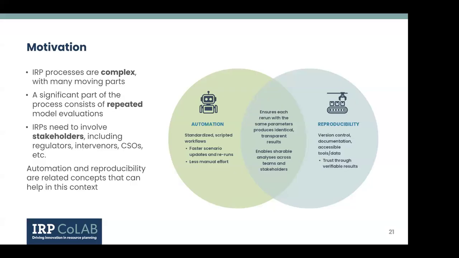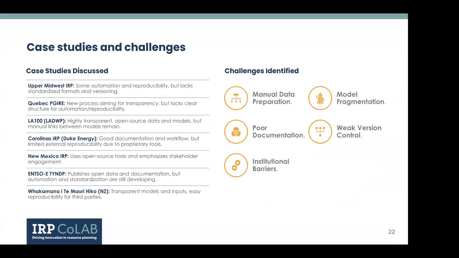But there's also external reproducibility. Can someone else, an intervener or someone else who's interested, reproduce your analysis? That obviously comes with many more issues related to data security and privacy, which I'll go into later on. But reproducibility can also just be internal. It can mean making your own life easier. If I can have the next slide, please.